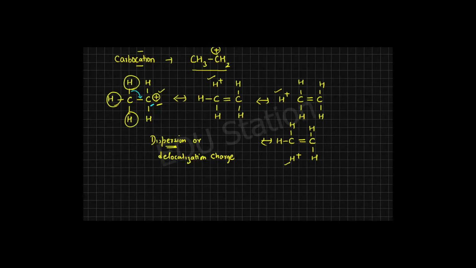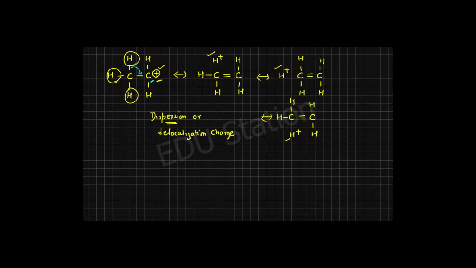Now, come to think of it, had I given you this, in this case this is a secondary carbocation, there are 6 hydrogens which could have done the same. So, the charge would have spread on 6 hydrogens, more dispersion.